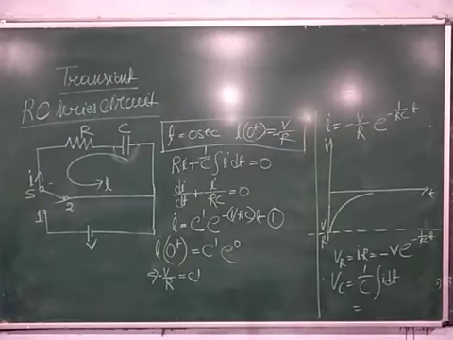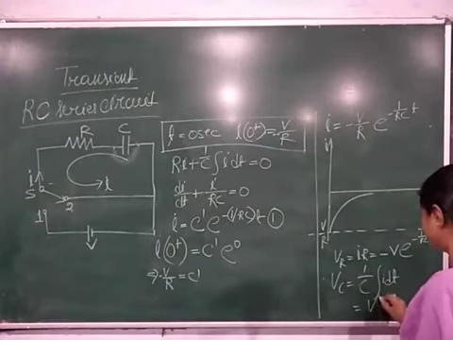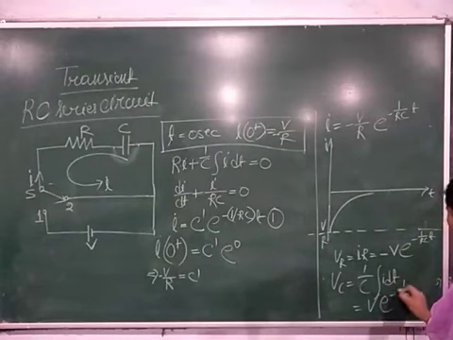After solving you get its value as V e to the power minus 1 by RC into t.